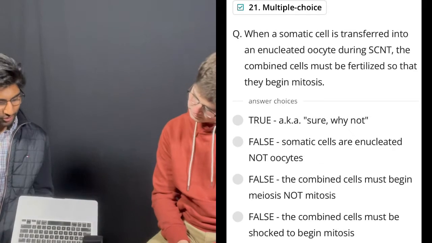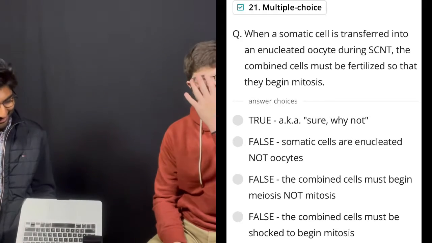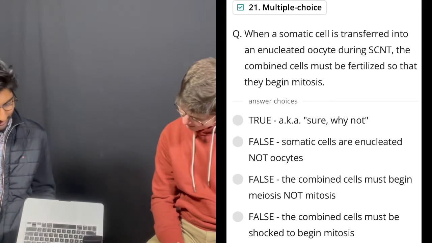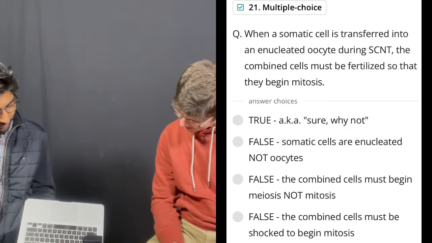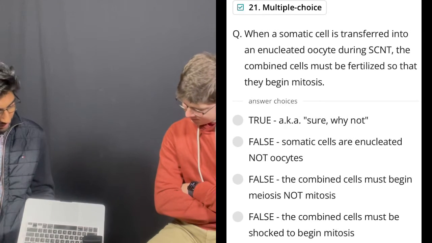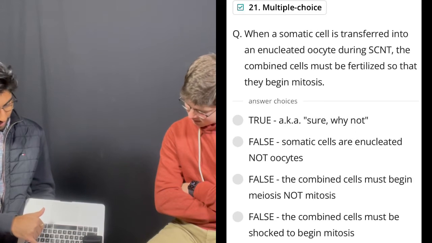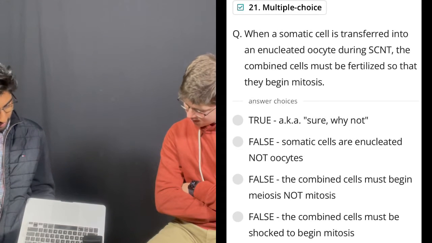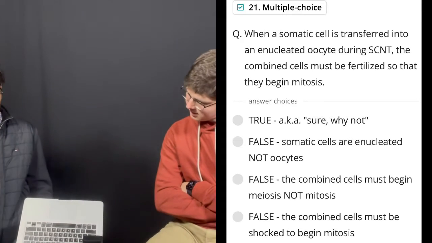When a somatic cell is transferred into an enucleated oocyte during SCNT, the combined cells must be fertilized so they begin mitosis. True, otherwise sure why not. False, somatic cells are not enucleated, not oocytes. False, the combined cells must begin meiosis, not mitosis.